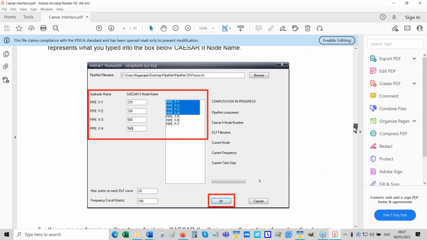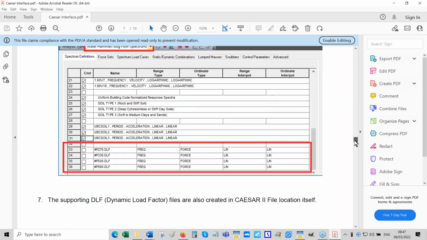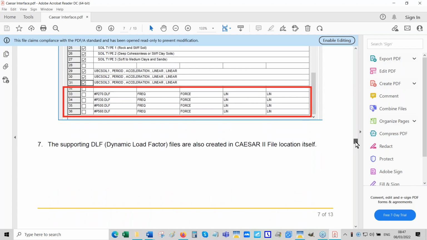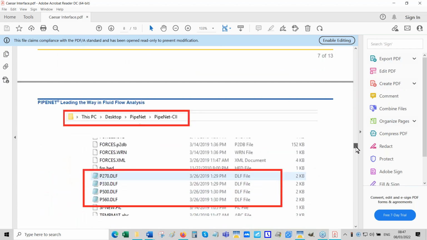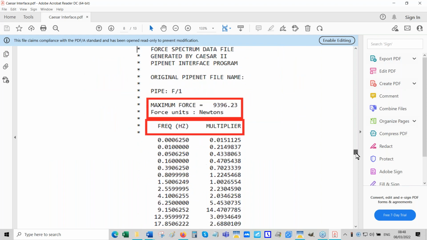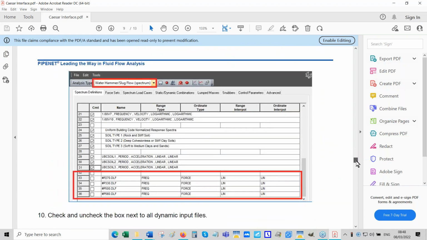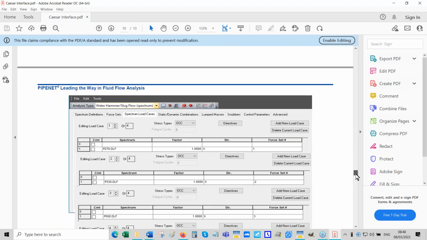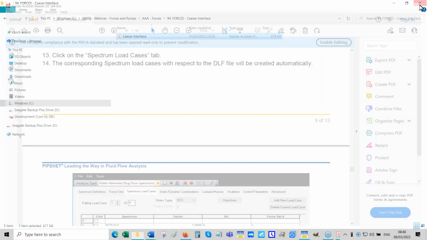It's a very, very clear document. And here you're in Caesar, not in PIPENET. I cannot show Caesar because we don't have a license for Caesar. You end up with a dynamic load factor. And you get the results from Caesar to here. Okay? So that is how the Caesar interface works.